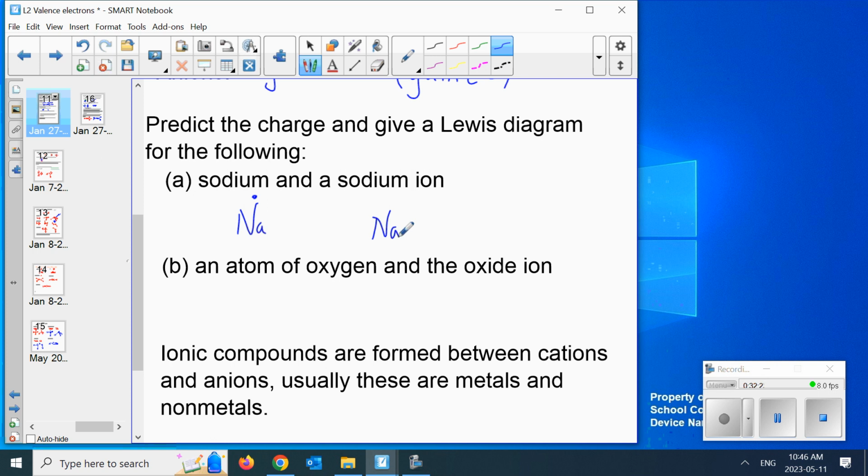But it has no electrons. This is the diagram. I'm going to put it in a bracket, but it's got no electrons, so I don't really need the bracket. That's why it's a plus, because it wants to be like its closest noble gas.